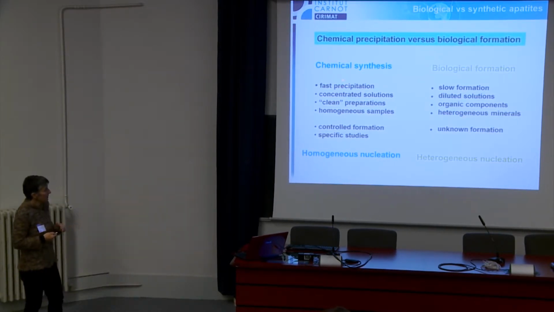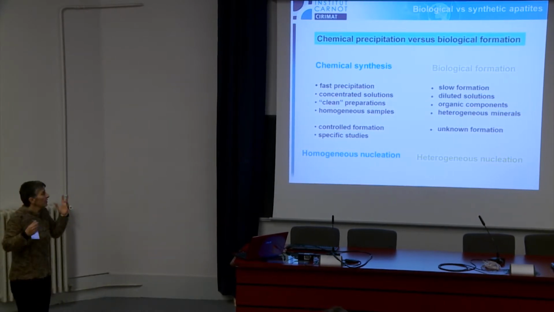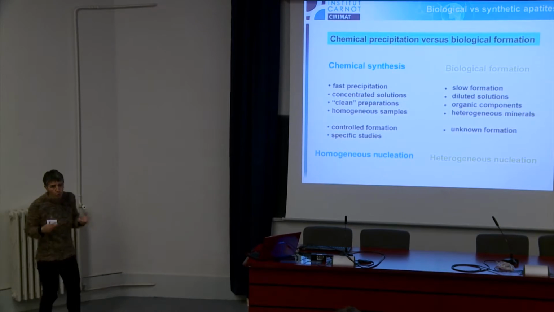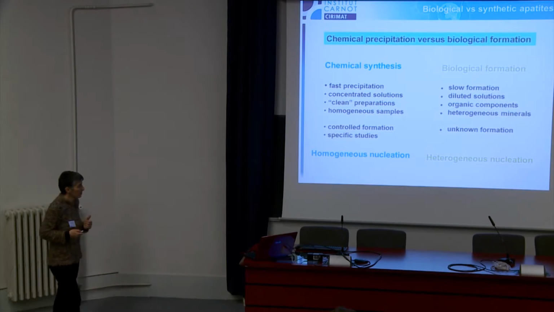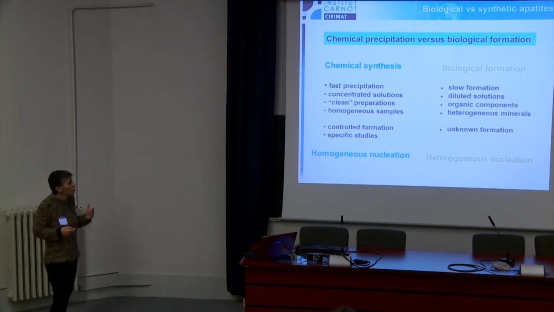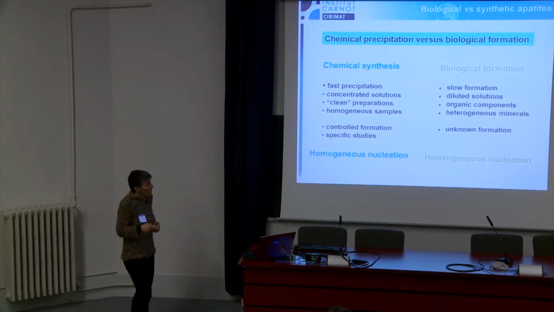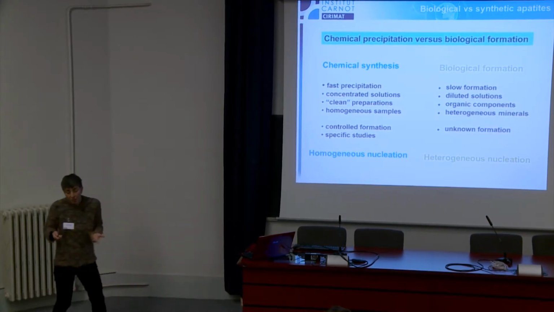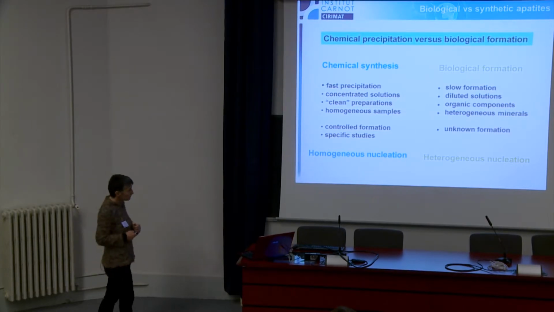In chemical synthesis, usually we have a fast precipitation with concentrated, quite clean solutions. We can control the purity of the preparation, and we usually have homogeneous samples, and we can mostly control the formation and do specific studies. Mostly we have precipitation through homogeneous nucleation. Whereas in biological formation, biomineralization, we usually have slow formation.